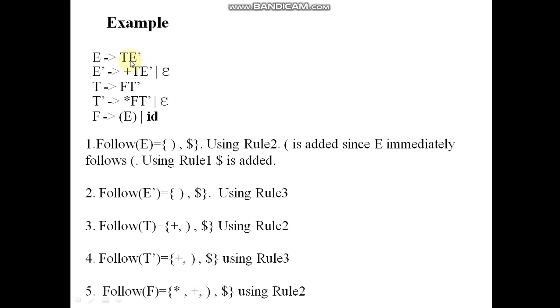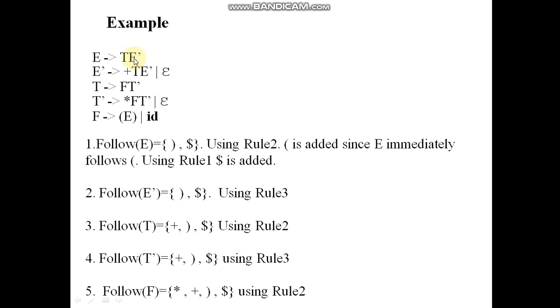So let us consider the occurrence of T in the production body of E, that is E gives T E dash. To find the follow of T, we have to first find out the first of E dash.